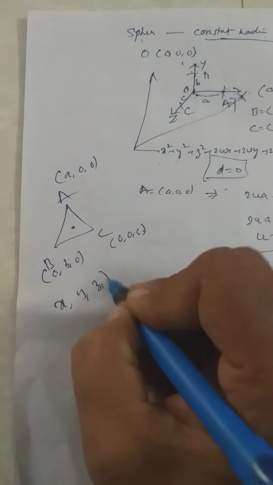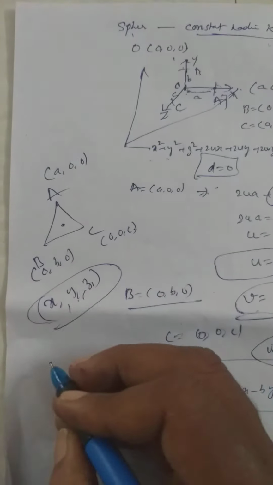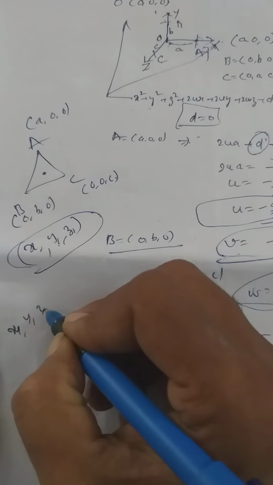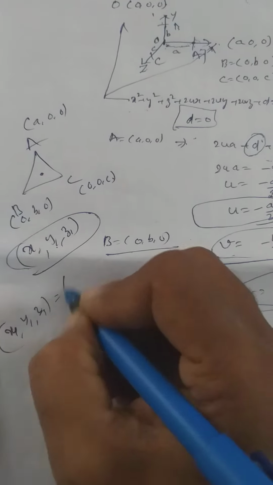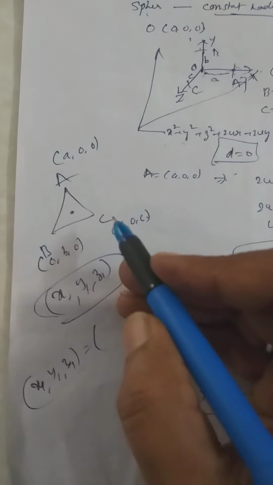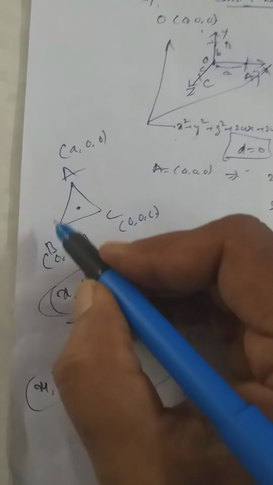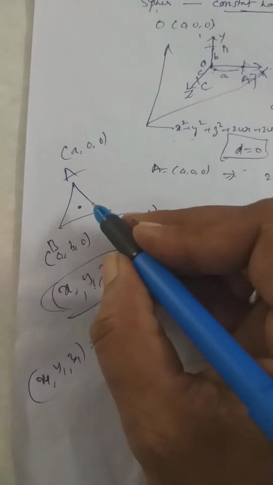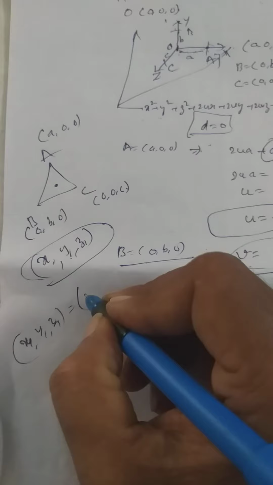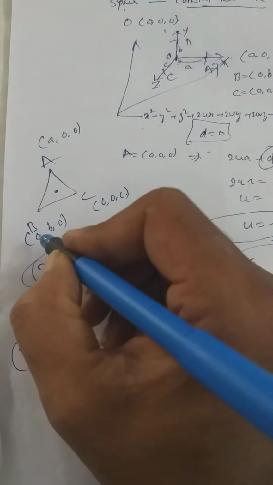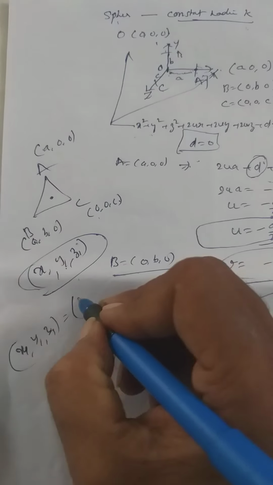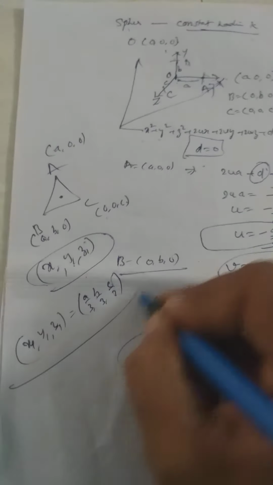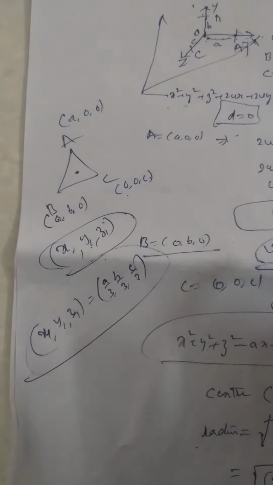Let the centroid of the triangle be x1 comma y1 comma z1. Therefore x1 comma y1 comma z1 is equal to, you know the centroid of the triangle: sum of x coordinates by 3, sum of y coordinates by 3, sum of z coordinates by 3. Sum of x coordinates means 0 plus a plus 0. That means a by 3 comma b by 3 comma c by 3. This is the centroid of the triangle.